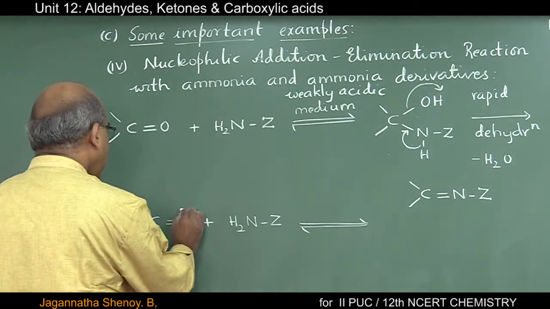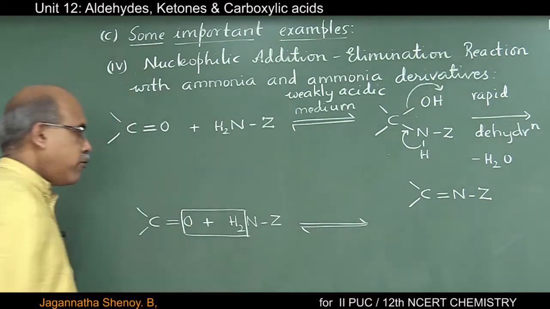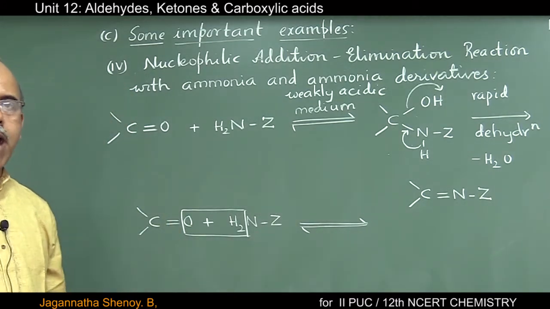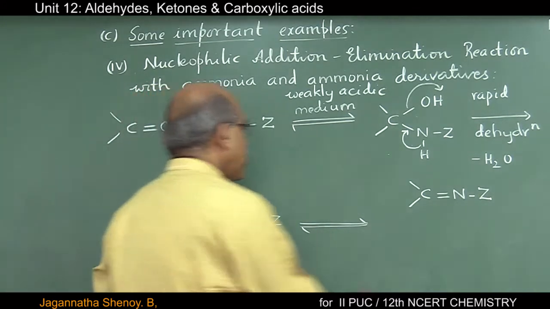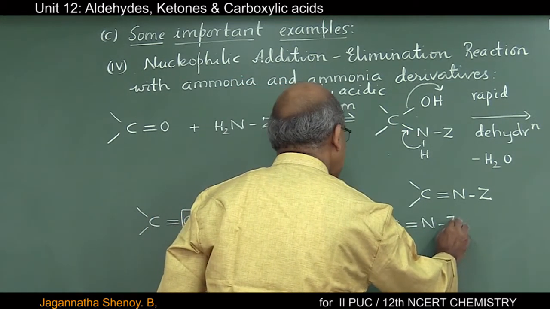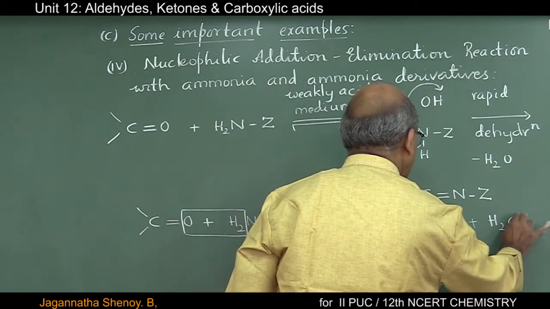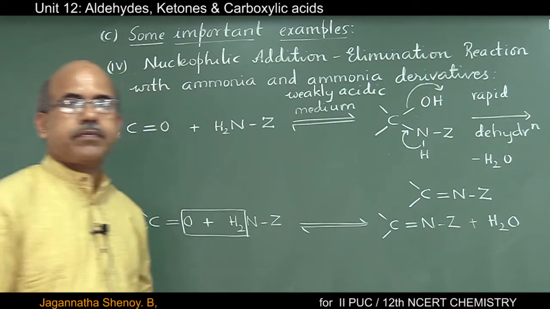So I can remove one oxygen from here and two hydrogens from the NH2 group of the ammonia derivative. So we get carbon double bond NZ, along with that a molecule of water is formed.